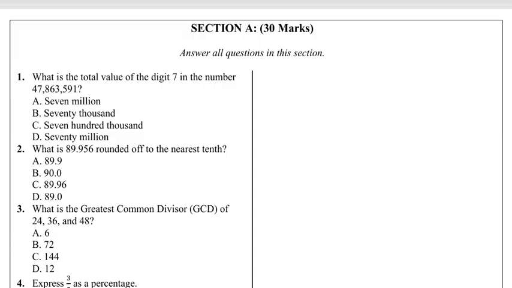Question 1. What is the total value of digit 7 in the number 47,863,591? So, first of all, you write the digit. We have 7, 47.